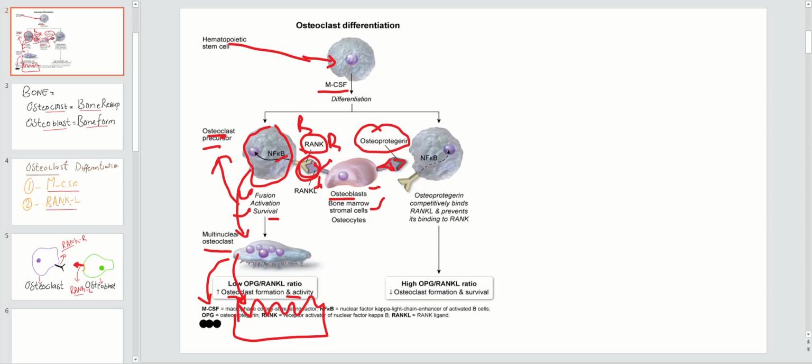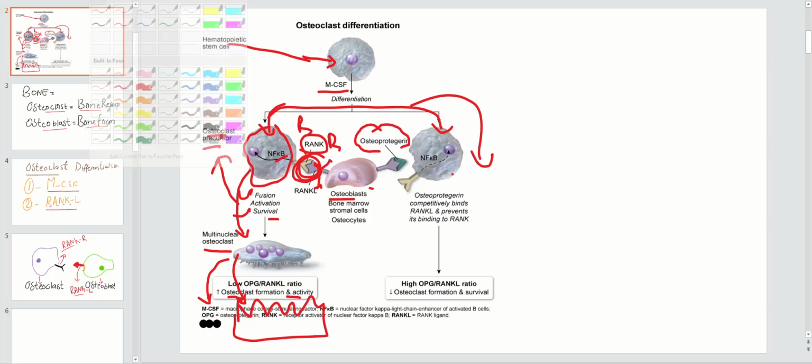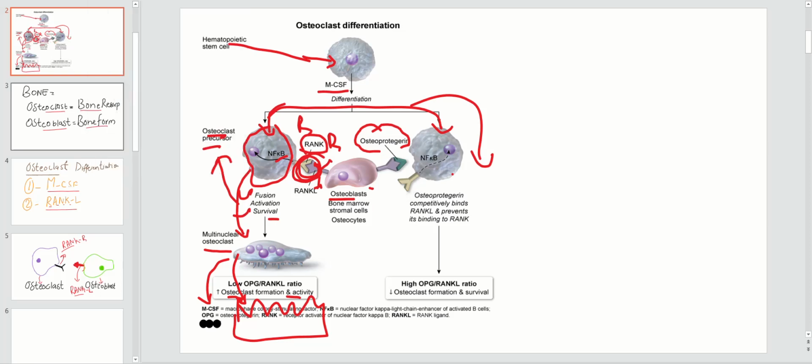So what is happening now? This ligand cannot bind with the RANK receptor on the osteoclast. This is the same thing, don't be confused. Now they're showing one part over here when the fusion is happening, and now they get over here when fusion is not happening. Why is fusion not happening? Because over here the decoy factor is coming, which is your osteoprotegerin.